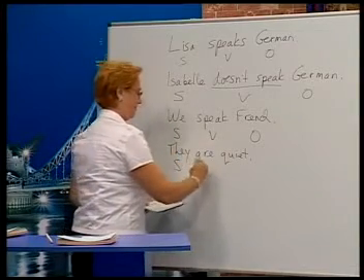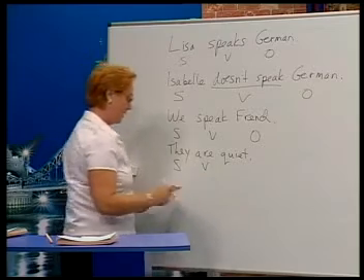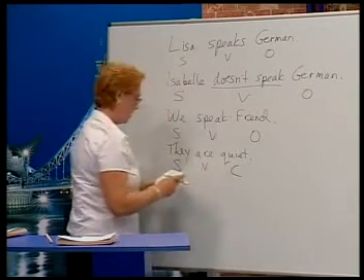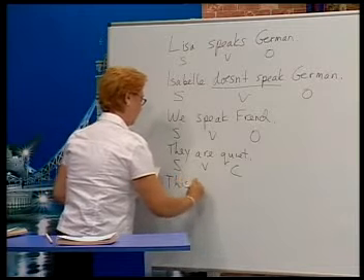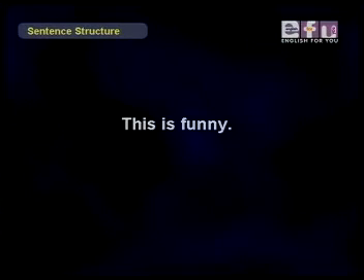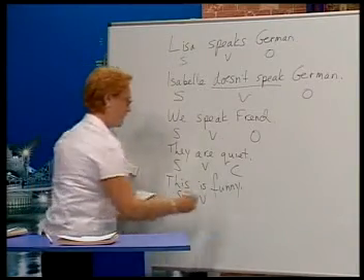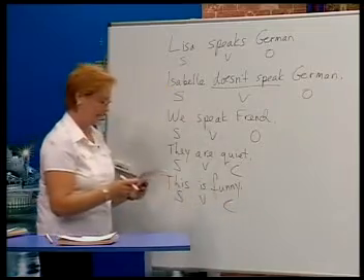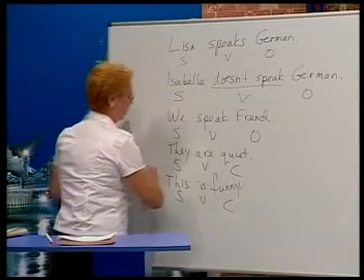Are is the verb. And quite is the complement. Yes, good girl. Okay, here's another one. Isabel. This is funny. Okay, this is the subject. Is the verb. Funny is the complement. Yeah, good. Great.